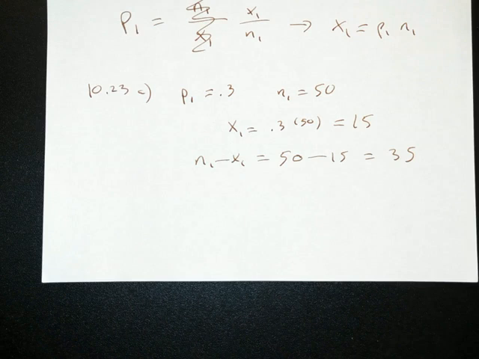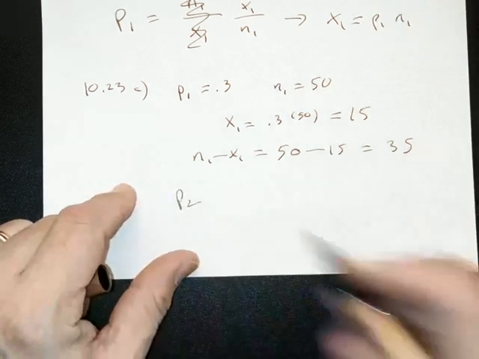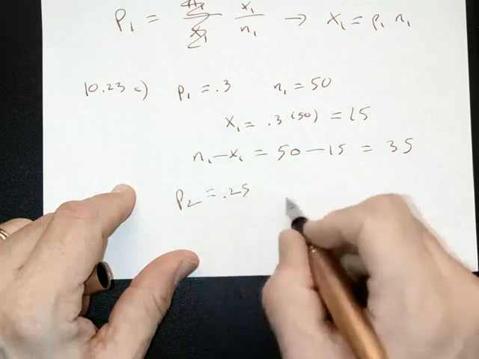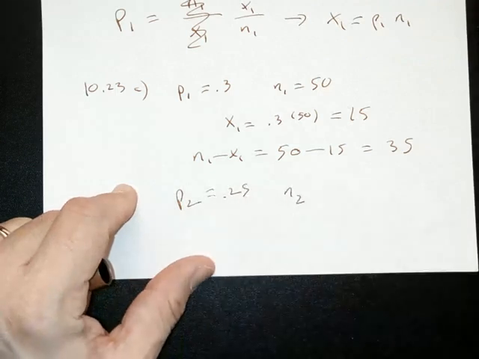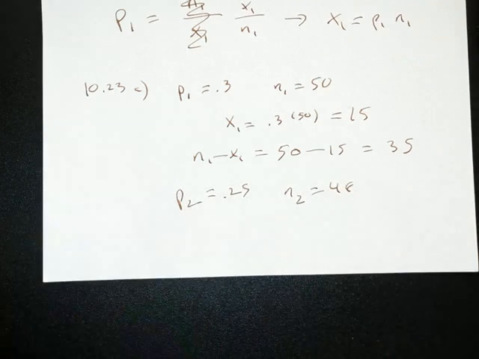But it needs to be true in both populations, right? So what if my second population has a proportion of 0.25 and 48 people in it? Is that one also normally distributed?